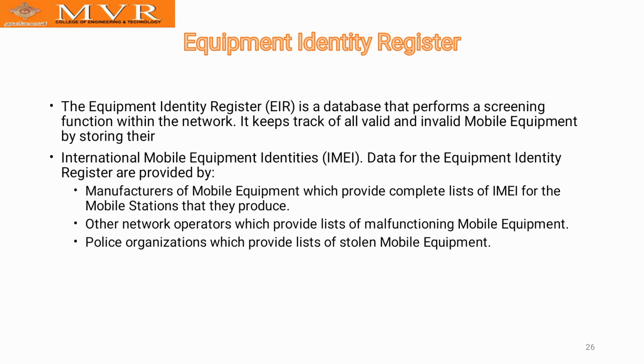The data of the equipment identity register are provided by the mobile equipment manufacturers, which provide the complete list of IMEIs for the mobile stations they have produced, other network operators, and police organizations, which provide the list of stolen mobile equipment.